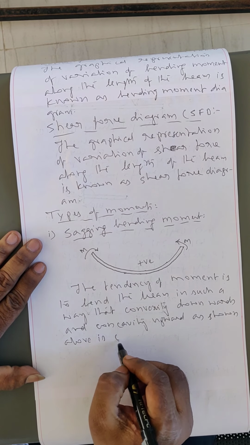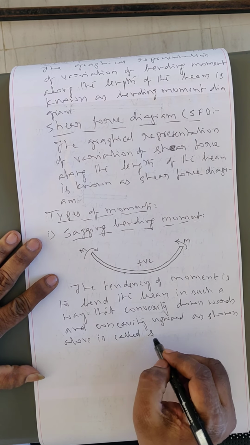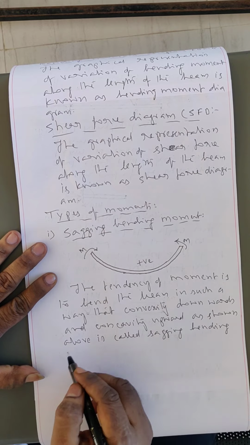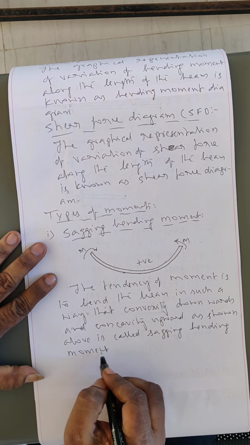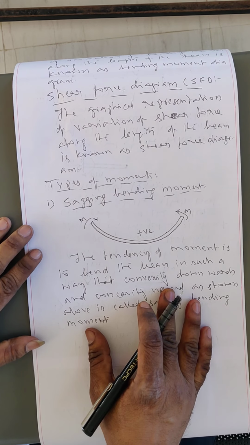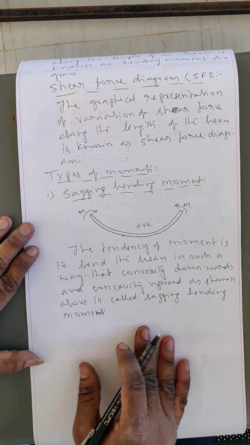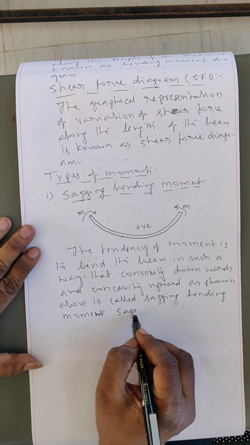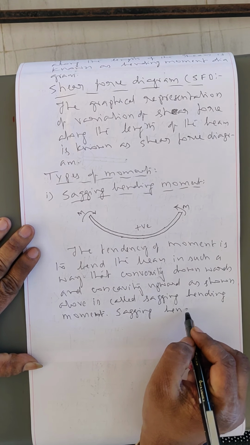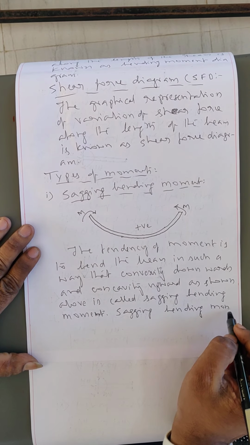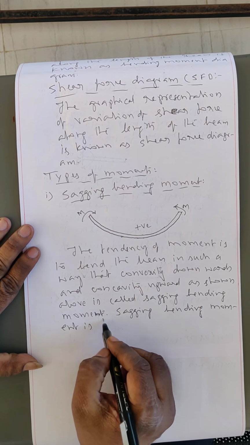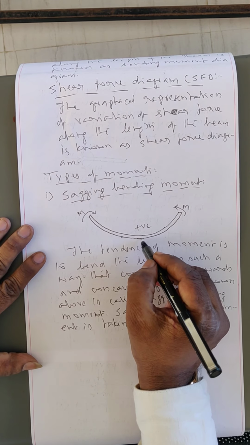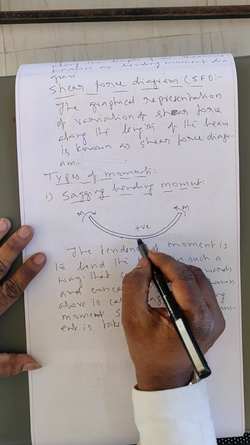This is called sagging bending moment. Sagging bending moment is taken as positive, because of the downward convexity and upward concavity.